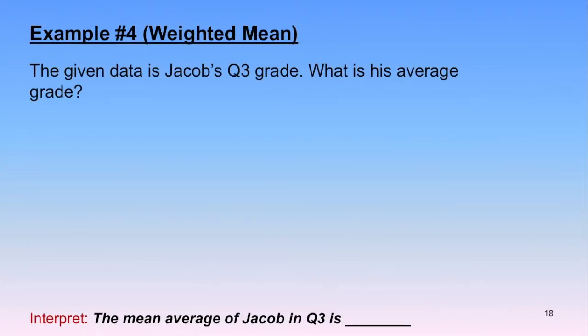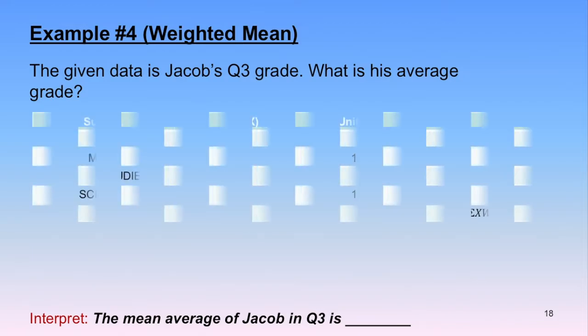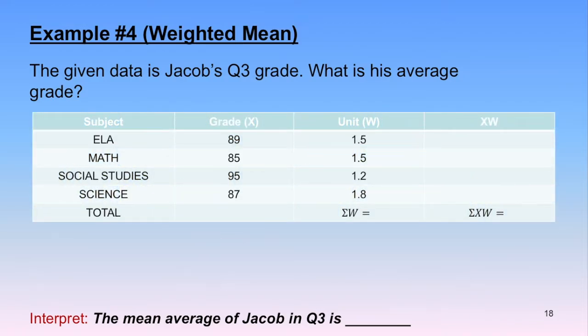Let's take this next example. The given data is Jacob's quarter 3 grade. What is his average if his grade is 89, 85, 95, and 87 with a weight of 1.5, 1.5, 1.2, and 1.8? The first step is to add the weight, and the total is 6.